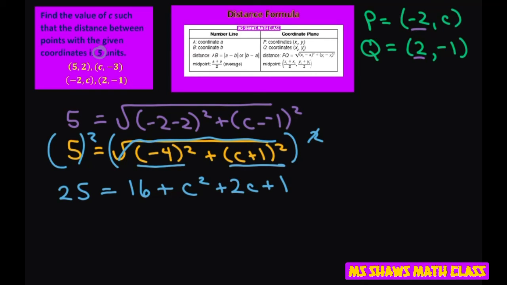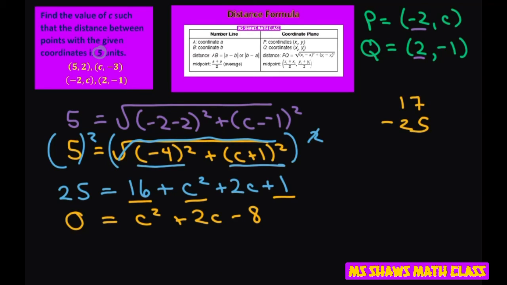Now, we're going to set everything to 0. So I'm going to write this as 0 equals, write this first, C squared plus 2C, this is 17, and then you're going to subtract 25. So that's going to be -8.